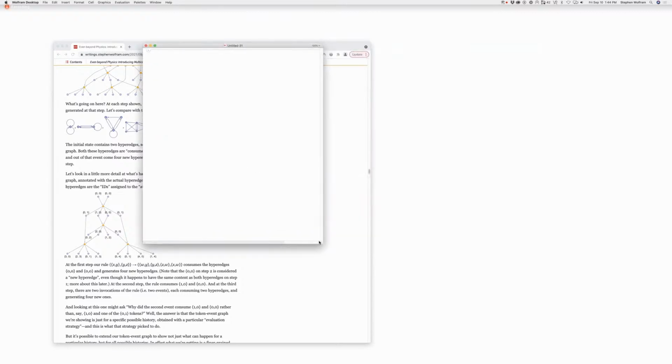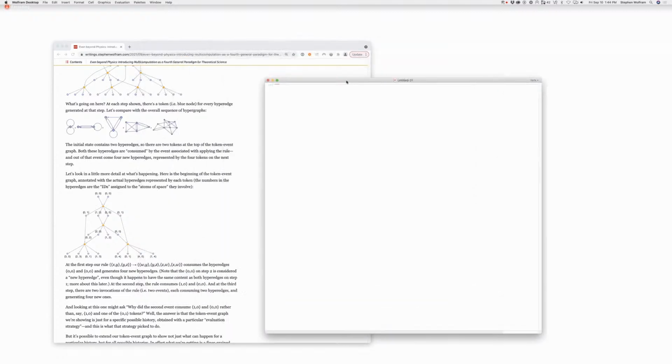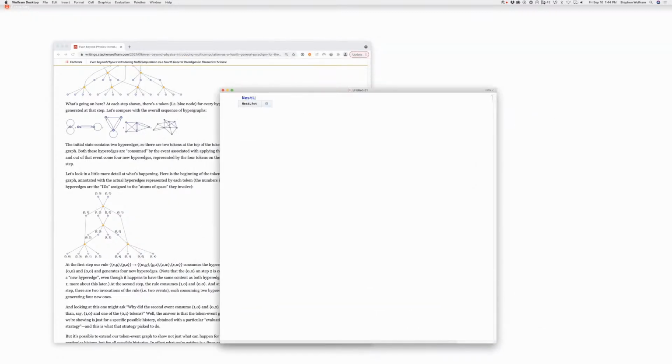In our traditional way of doing things, we're effectively doing a NestList of a Replace, or actually ultimately a FixedPoint of a Replace. What we're saying here is that what we want to be doing is something like a NestList of a ReplaceList, in other words, we're doing all possible replacements, and then seeing what happens.